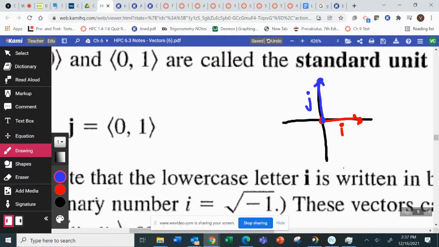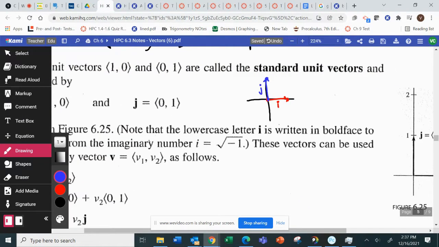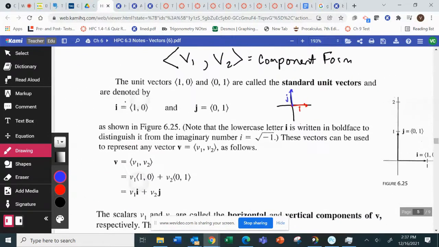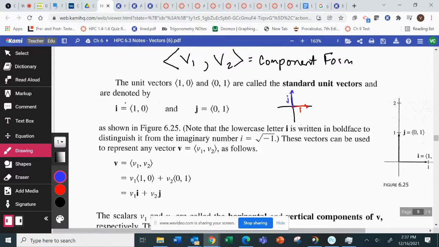One of them has a component only on the x, and it's 1. So it's kind of like a parent function type thing. It's the most generic one ever. And then the other one has only the 1 on the y. It says, note that lowercase letter i is written in boldface to distinguish it from the imaginary i, which I always write in cursive.